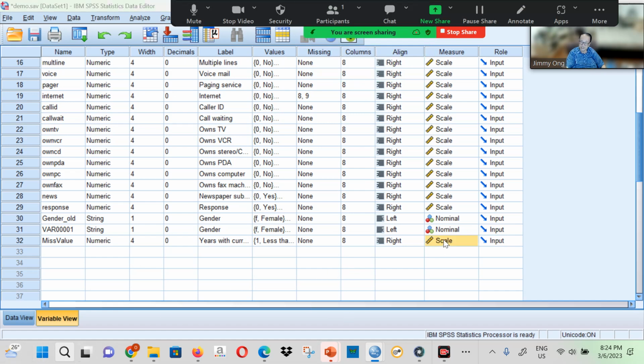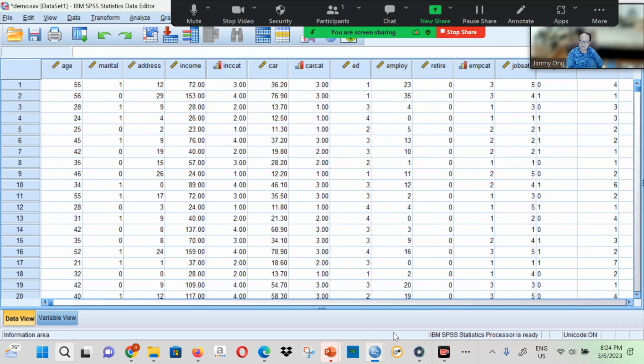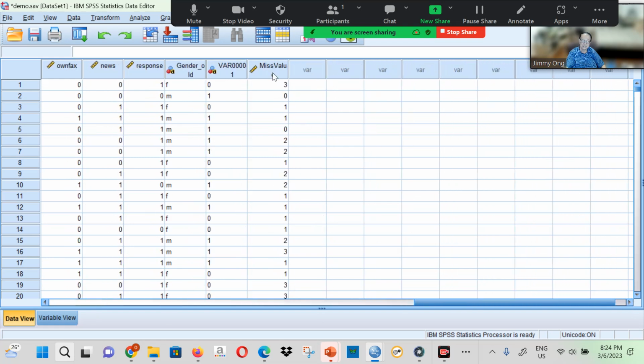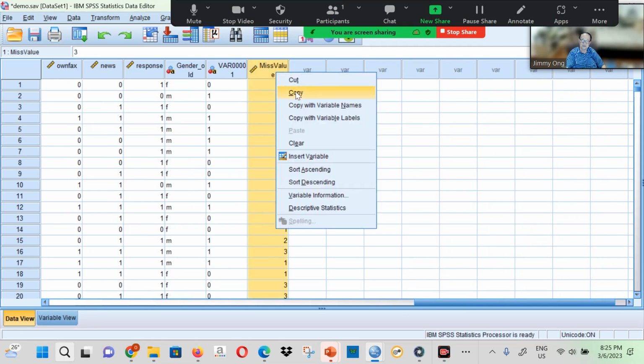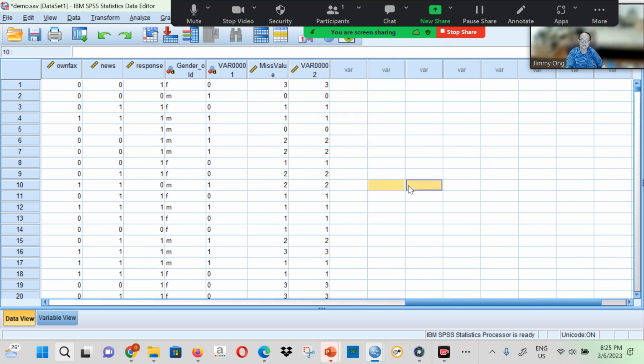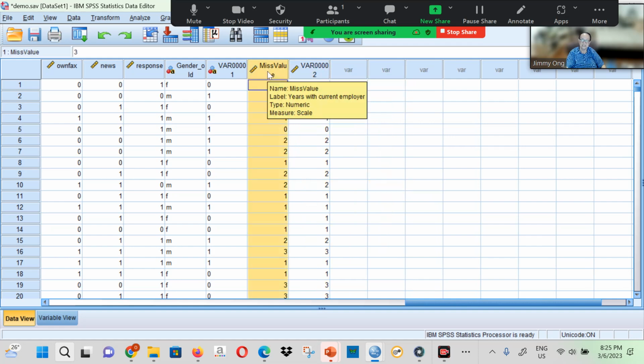So this one must be changed, because if you do not change it, you cannot change this missing data. You see the missing data here, right? In order to do missing data, you must copy and put in another data, right? So you must tell them how to do the missing data. Later I will show you how to do it.